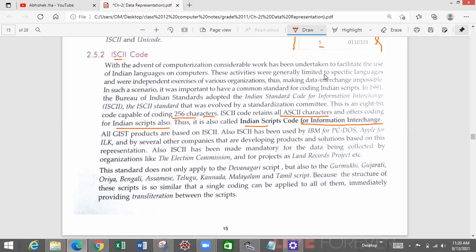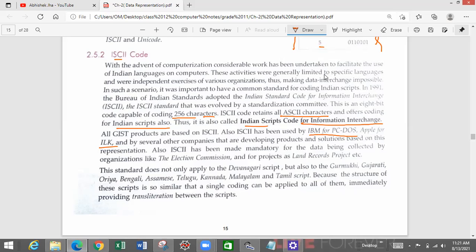Now to internationalize it, IBM is using it for PC DOS based computers, Apple is using it for its computers, and there are many other companies which are using it. Whatever companies want to make their apps and software successful in India, they want to provide their services in multiple languages. Now you see Amazon, we see the ads now.